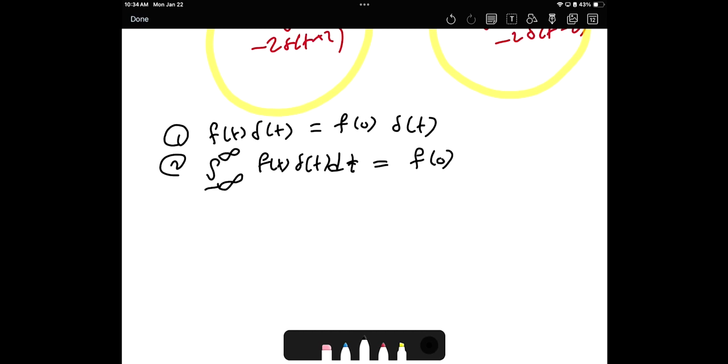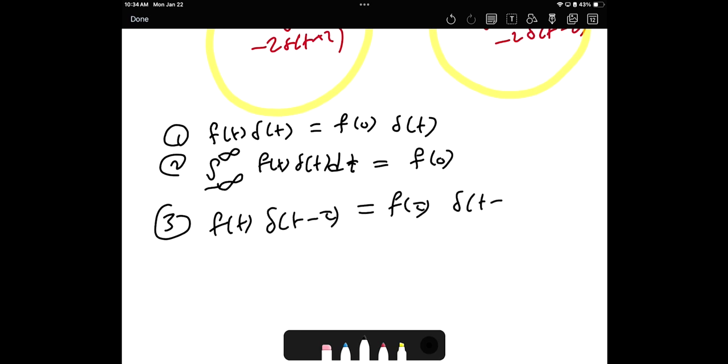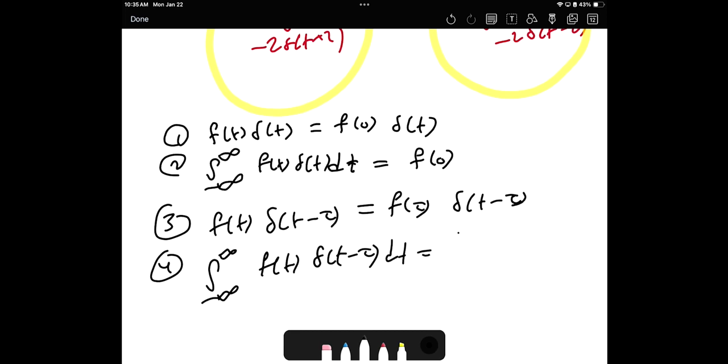Then when we do the shift, f of t delta t minus tau equals f of tau delta t minus tau. And when we have the integral from negative infinity to infinity of f of t delta t minus tau dt, it equals f of tau.